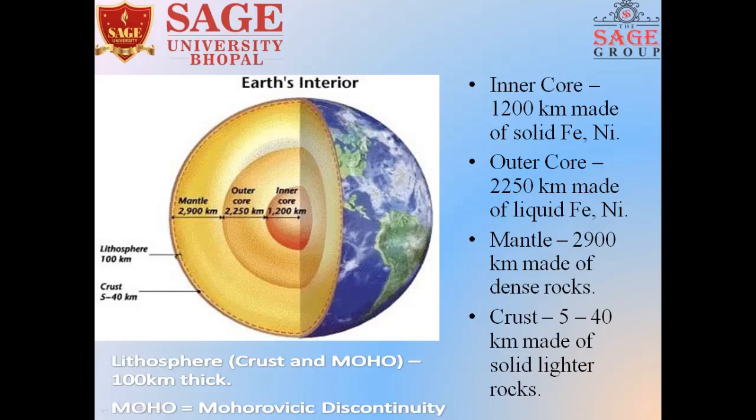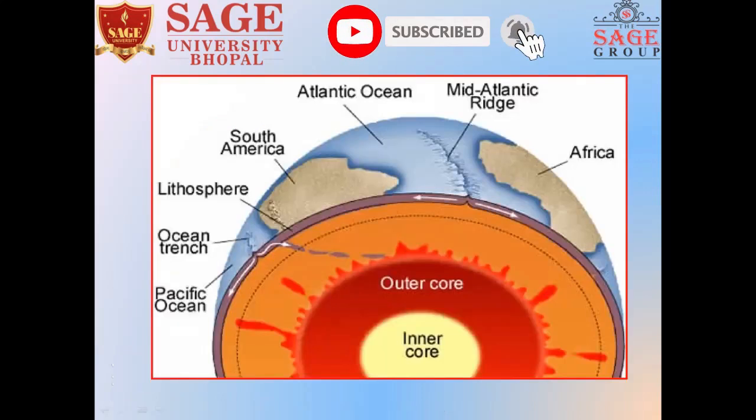Here is also the crust, which is about 40 kilometers and made up of solid lighter rock. This is another view of the Earth section, which shows inner core, outer core, mantle, lithosphere, as well as the division of land and water on the Earth's surface.